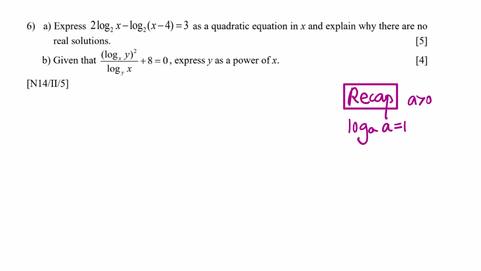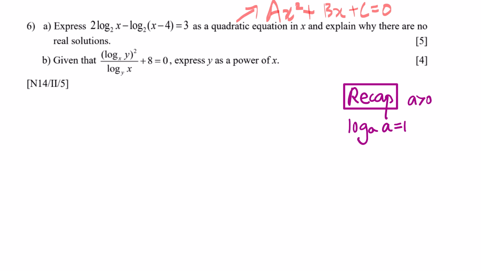So in other words, the answer that you'll be getting will be in the form ax squared plus bx plus c equals 0, where a, b, c are constants. And then we need to explain why there are no real solutions. Basically, after getting the quadratic equation, we're supposed to factorize it to find the values of x. And we need to explain why there are no real values of x.